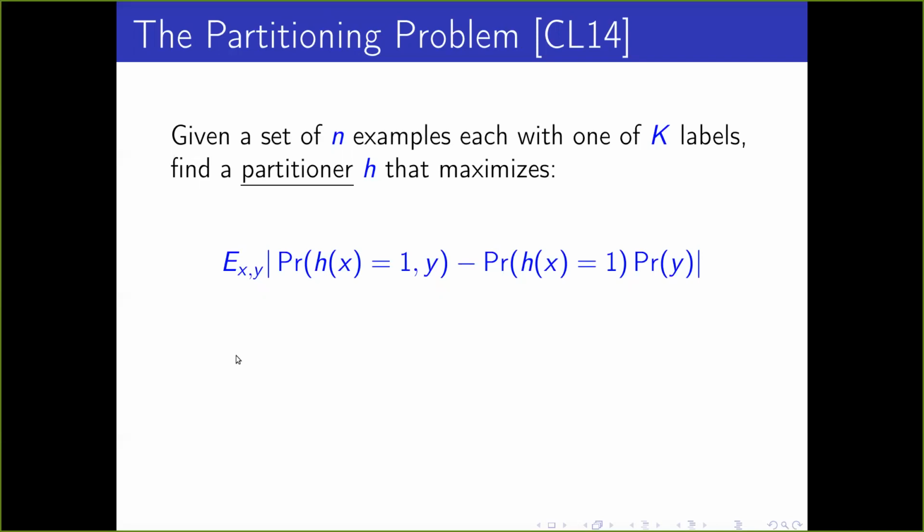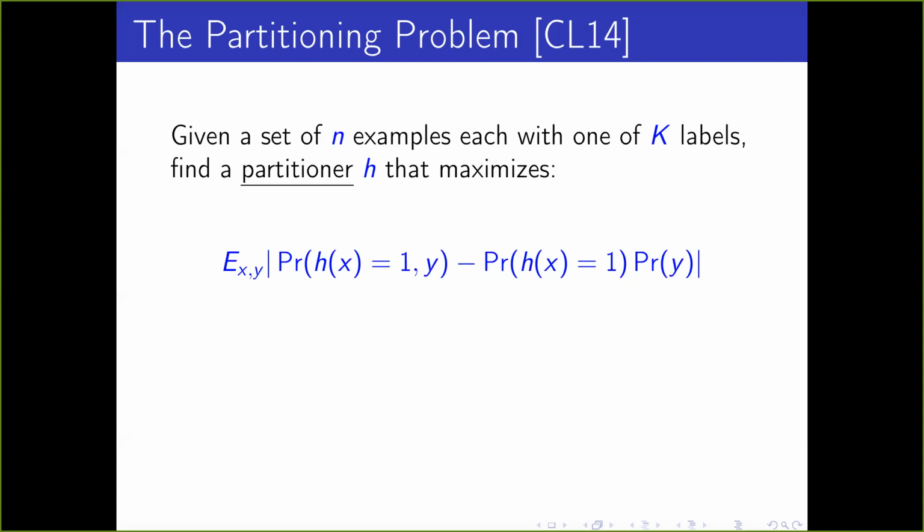Okay, so this is one way to talk about what a good partition is here. You have some distribution over examples, x, y. You have the probability that you predict right, which is h of x equals 1, times the probability of y, and then you have the probability of jointly predicting right and the y.